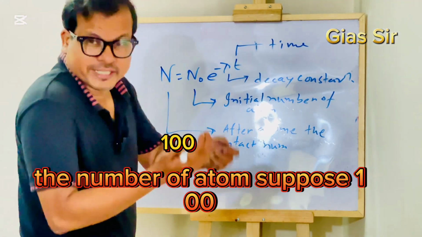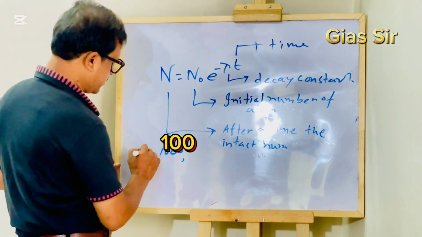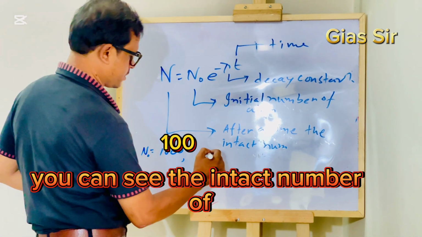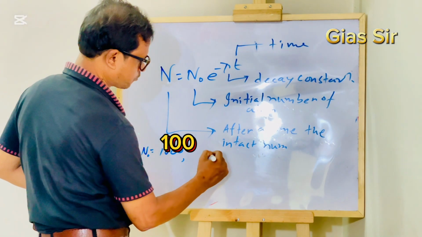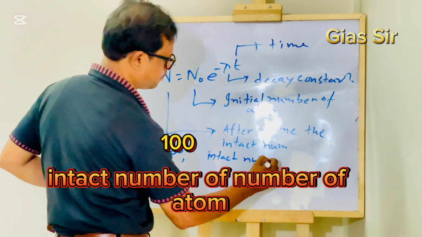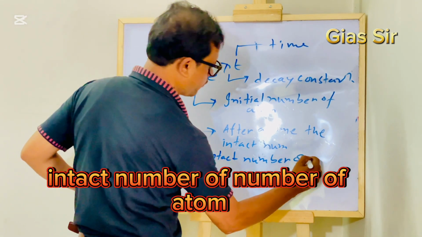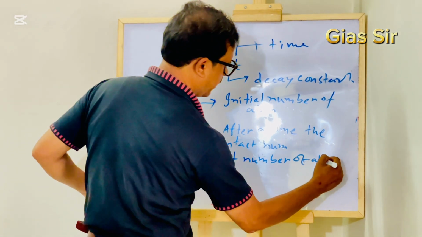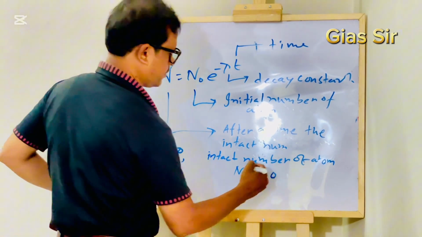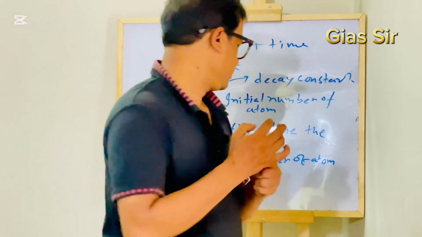Suppose after a certain time the intact number of atoms N equals 50.